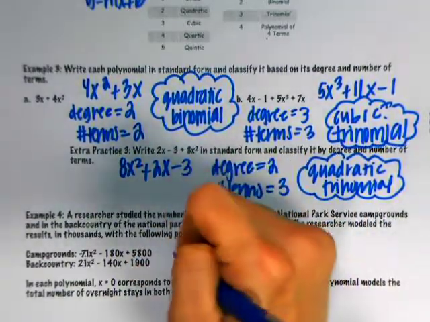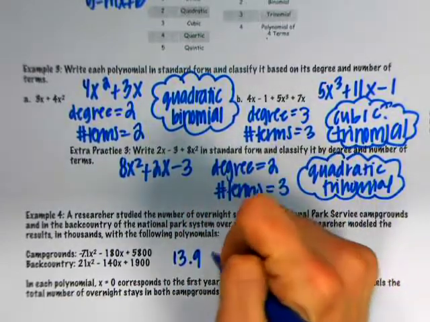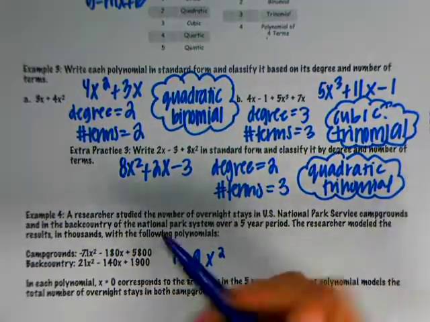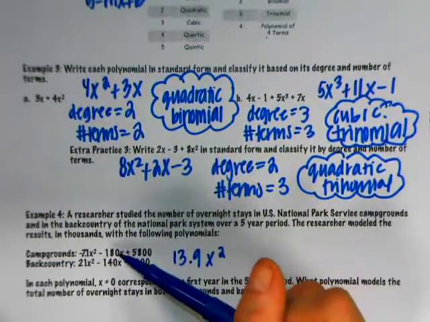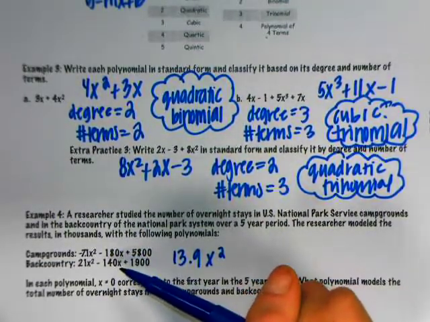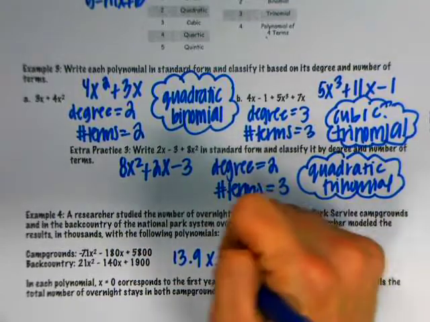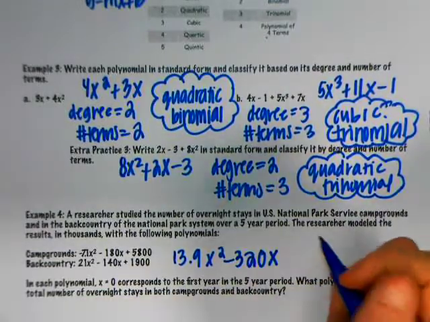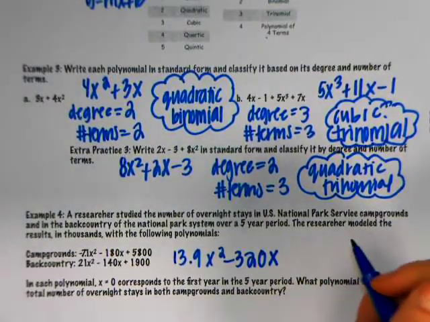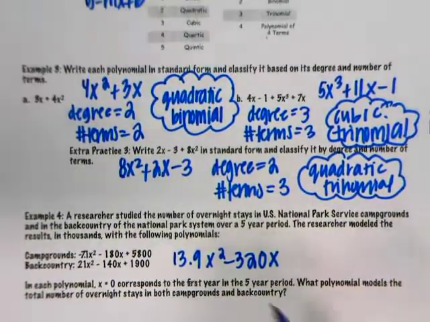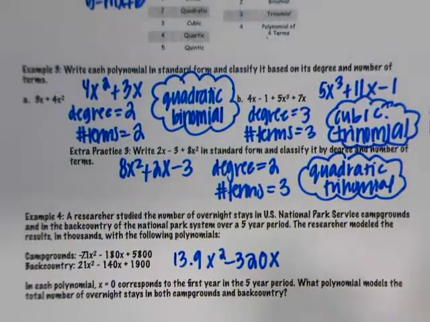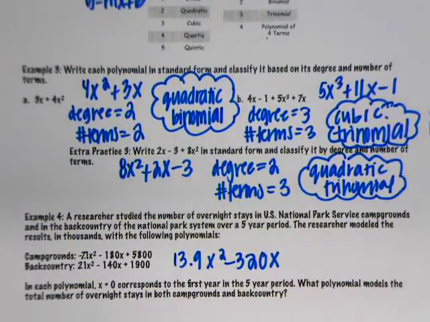Yeah, so 13.9x squared. Okay, then we have negative 180x and negative 140x. Yep, negative 320x. Well, you are subtracting, but when you subtract things that end up having the same sign, they just get bigger negative.